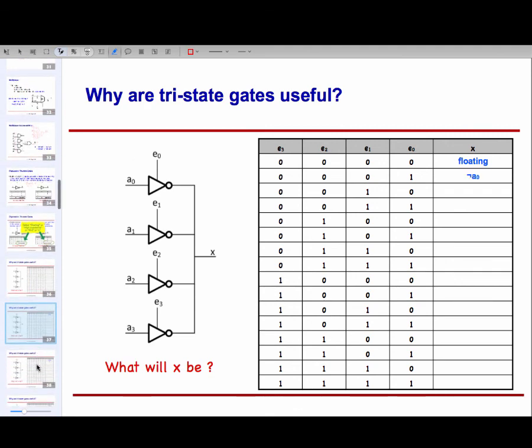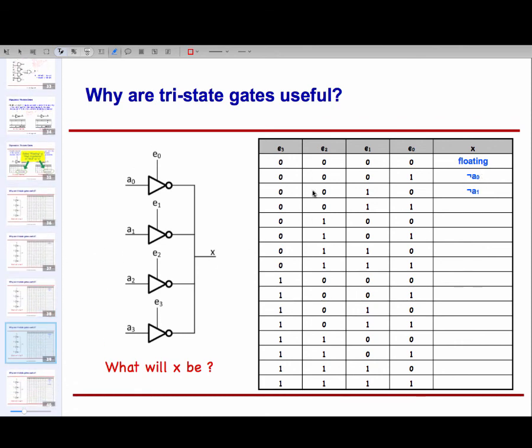If E3, E2, E1 are 0 and E0 is high, then only gate number 0 is driving, and therefore the output is going to be not A0, complement of A0. If I go to the next one, 0, 0, 1, 0, only gate number 1 is driving, so it's not A1.